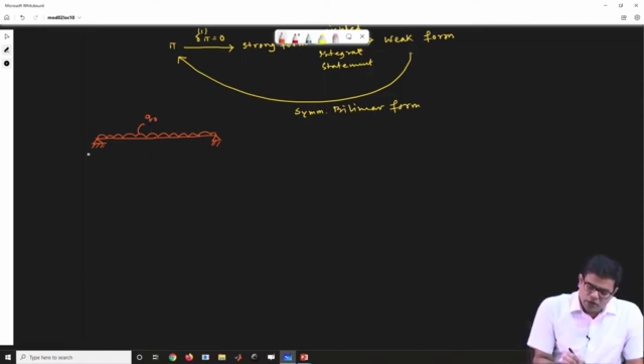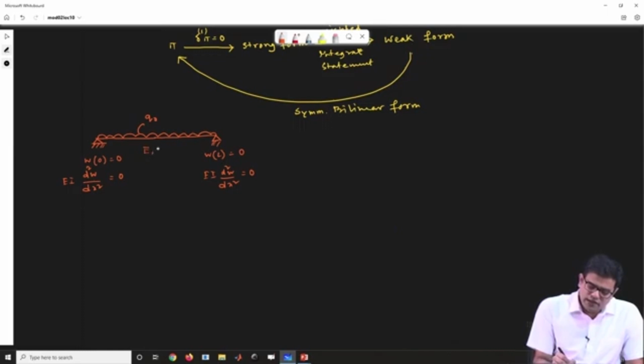The boundary condition is W at 0 equals 0, and d2W by dx2, that is the moment here, is also 0. Similar conditions here: W at L equals 0 and EI d2W by dx2 is equal to 0.